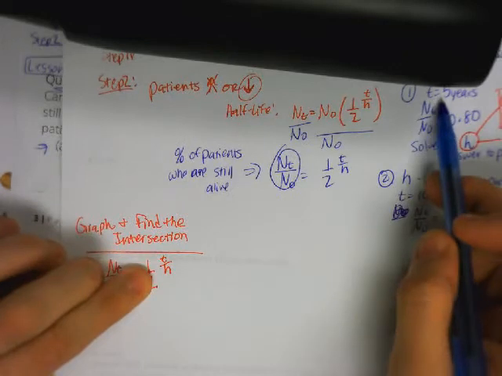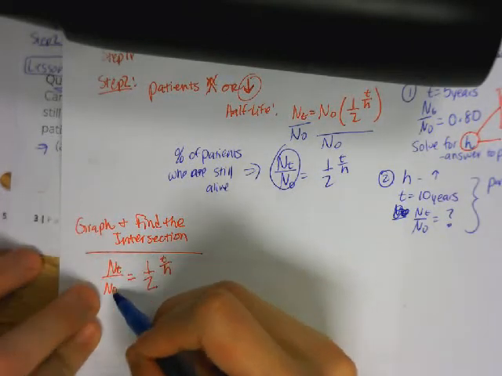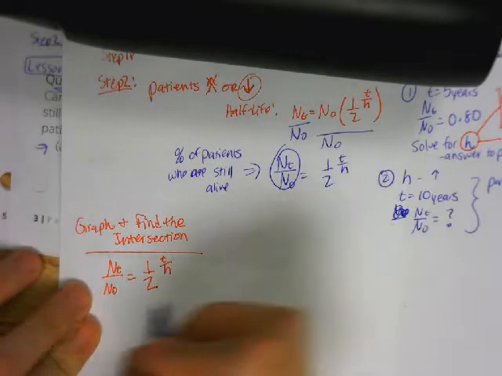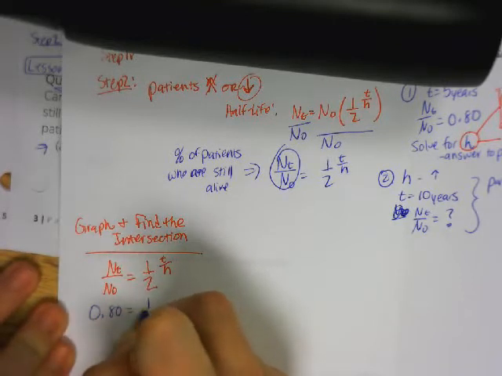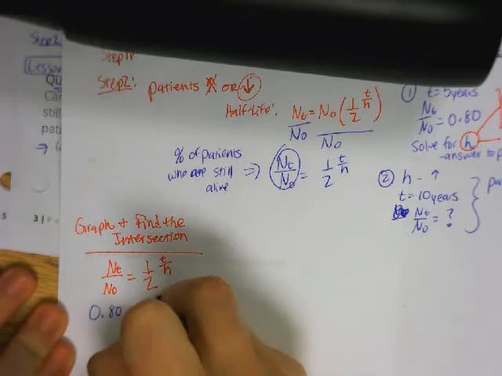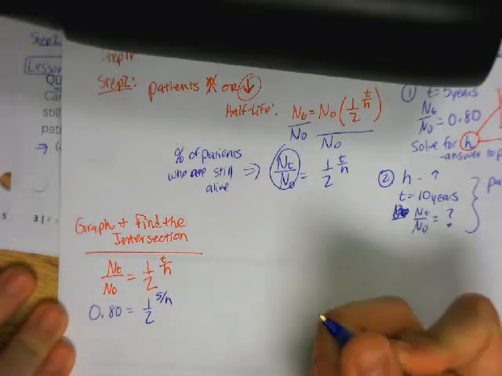Sorry, your T is going to be 5 years right here. And your NT divided by N0 is going to be 0.80. So let me set that up. 0.80 is equal to 1/2 to the power of 5 over H.